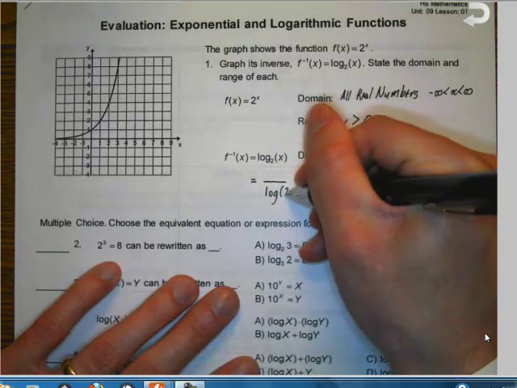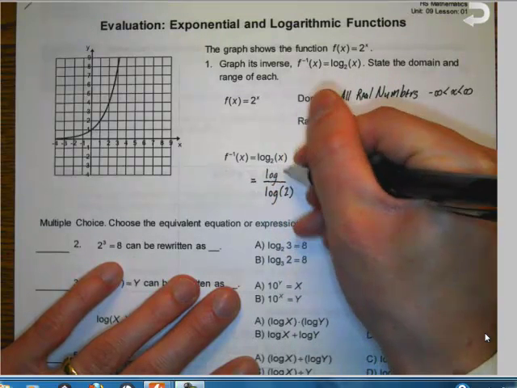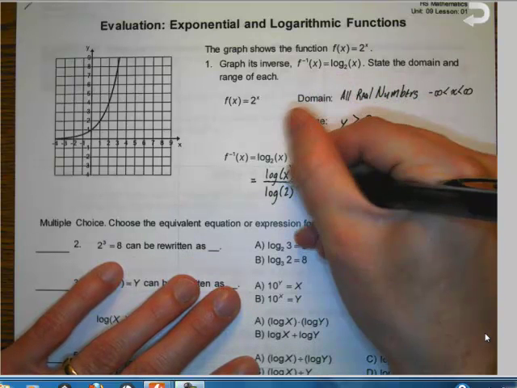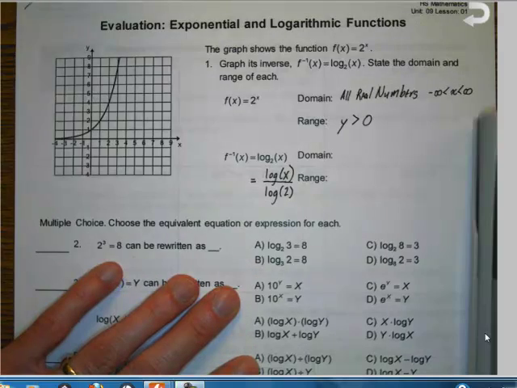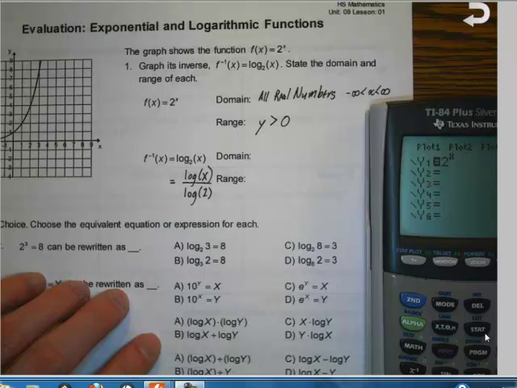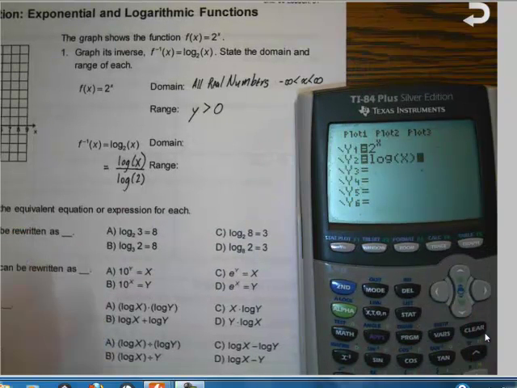Log 2 on the bottom, log x on the top, and this is what we're going to plug into our calculator to graph the inverse function. So we go, okay, log x over log 2, and then we graph.